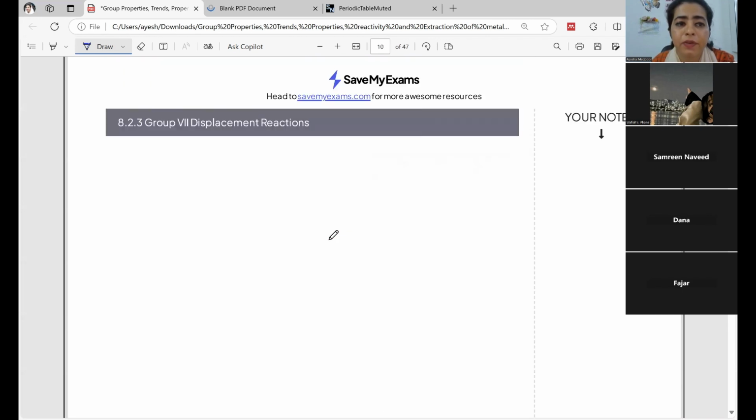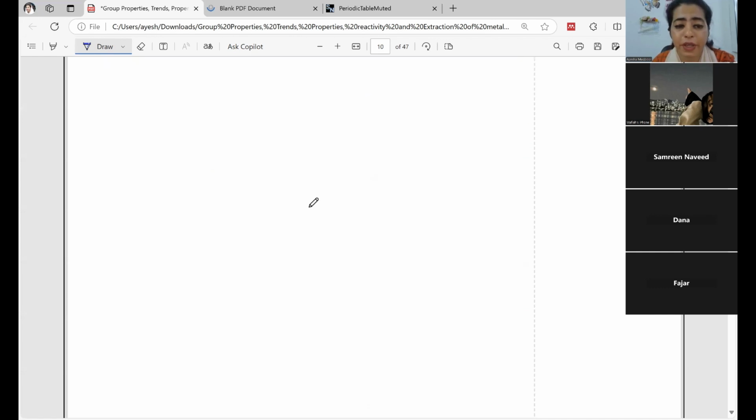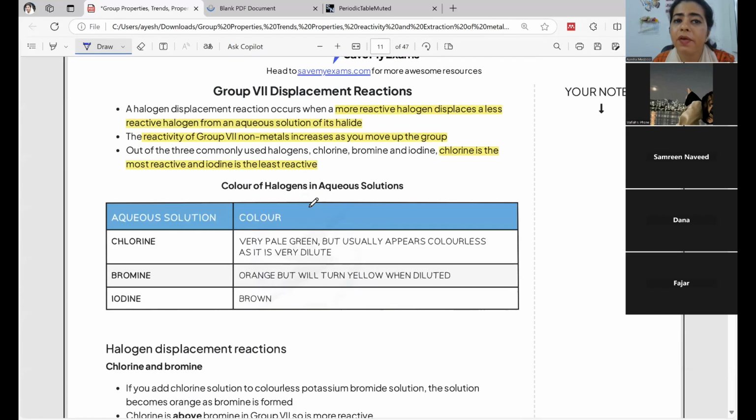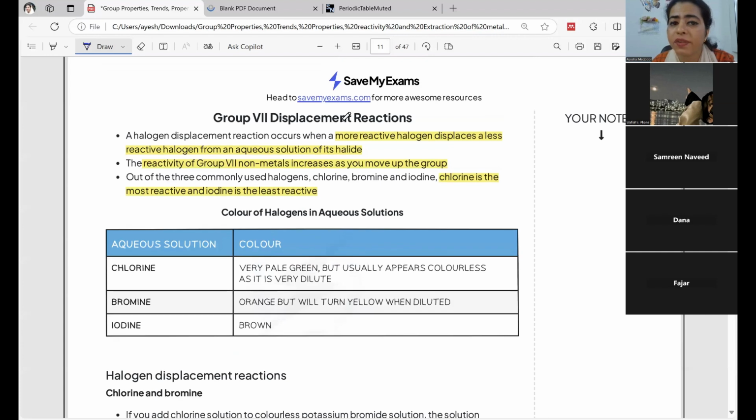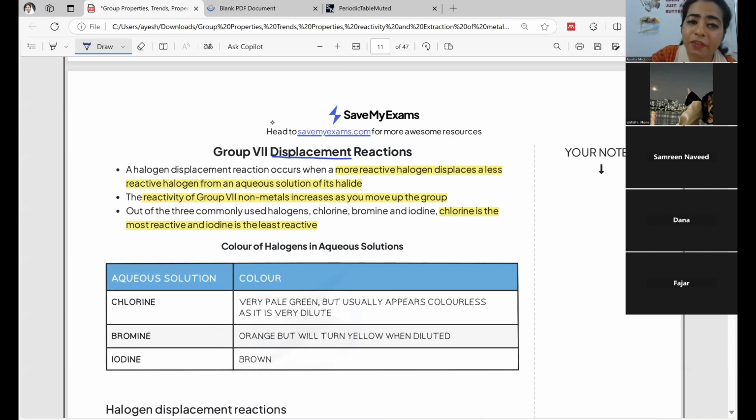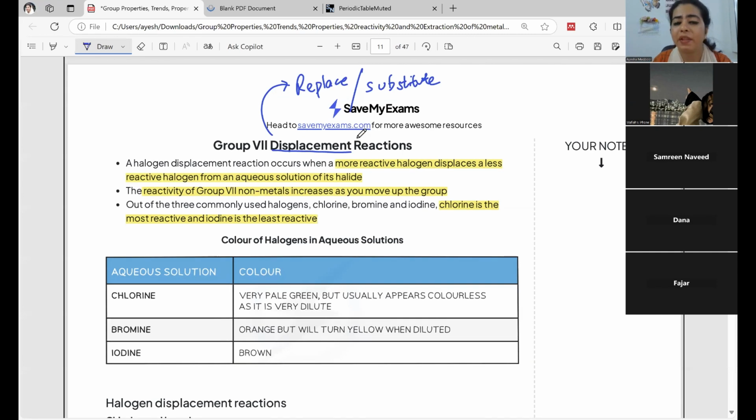Displacement reaction is also known as substitution reaction. Substitution means replacing, so you can see three different names in your books: displacement reaction, replacement reaction, or substitution reaction. They have the same meaning.